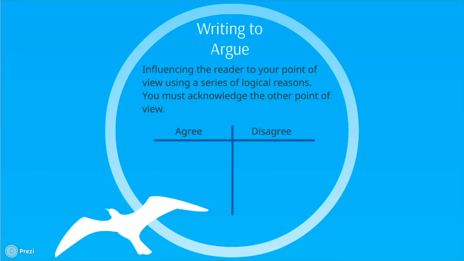Now, all of these different writing types, you need to make sure that you do acknowledge the other point of view or your counter argument, okay? Writing to argue, you are literally hammering home your point of view, but you're almost belittling the counter argument as you do it, okay? So it's about acknowledging the other side, but making it clear to your reader that yours is the only sensible option. Your point of view is the right one.